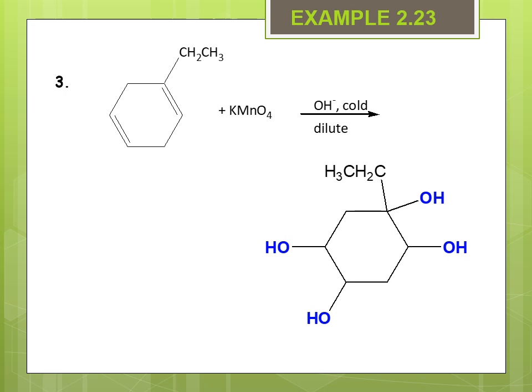Wow! Let's find the first carbon would be here. 1, 2, 3, 4, 5, 6. So the name of this compound would be 1-ethylcyclohexane-1,2,4,5-tetraol. Isn't it amazing?